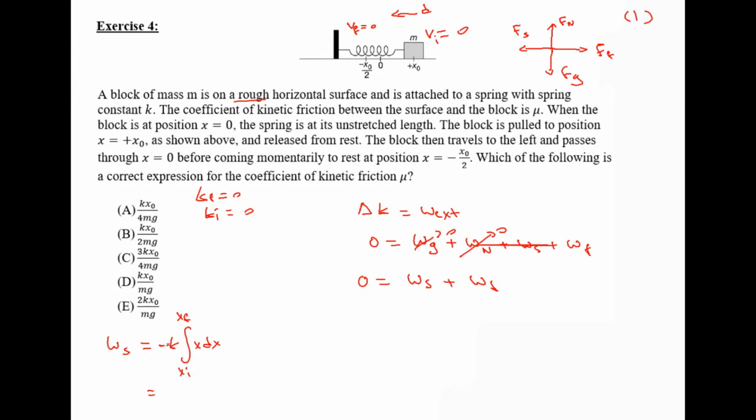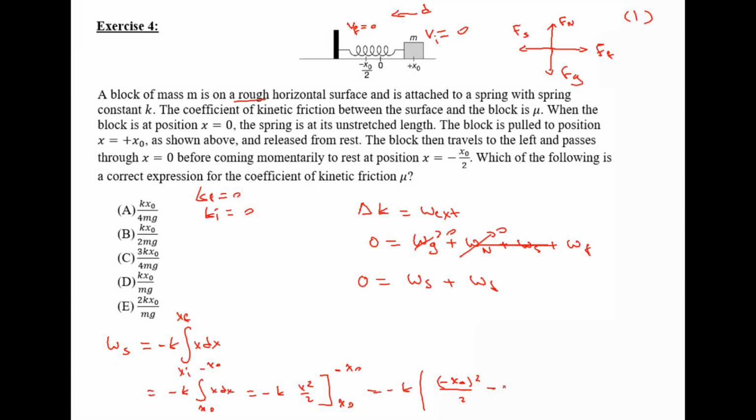We're in the positive direction, which is x0, to a final position given by minus x0 over 2, x dx, that would be minus K as a factor, x squared over 2 from x0 to minus x0 over 2.